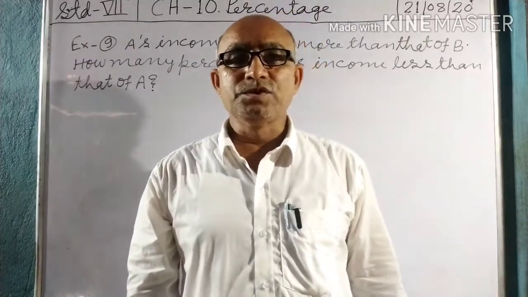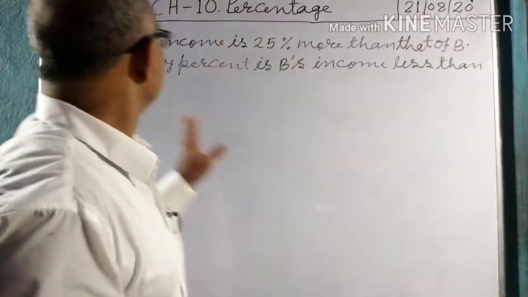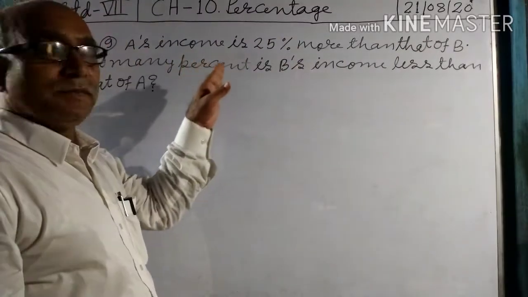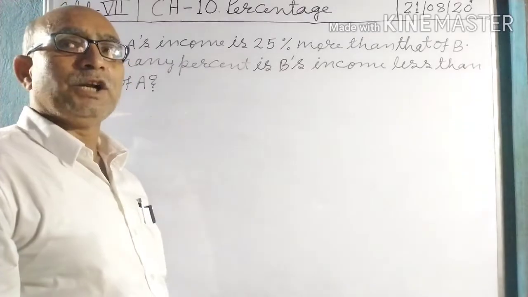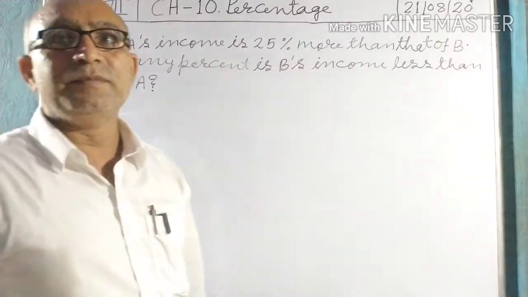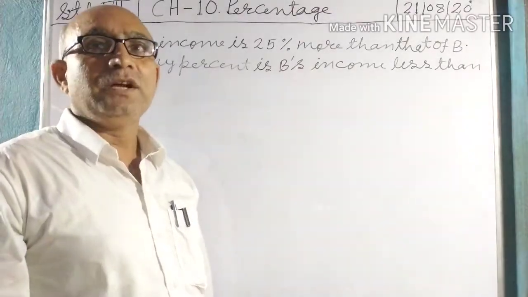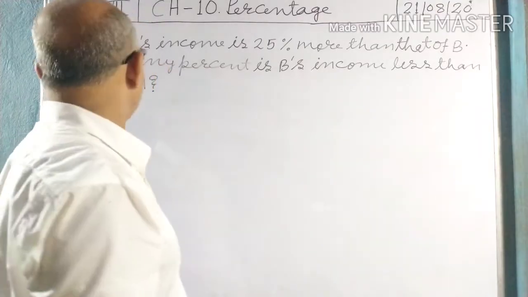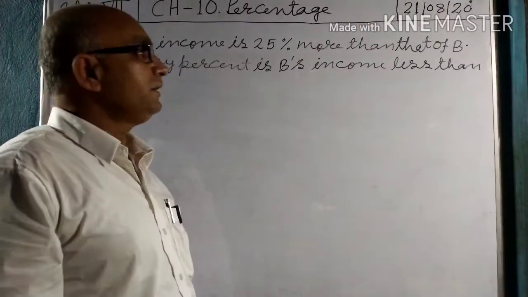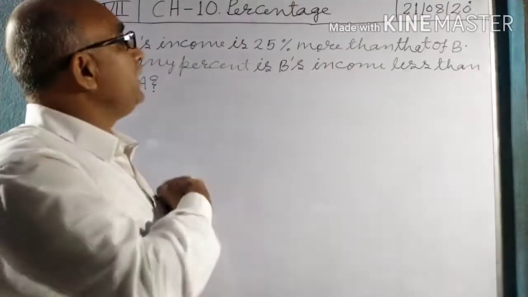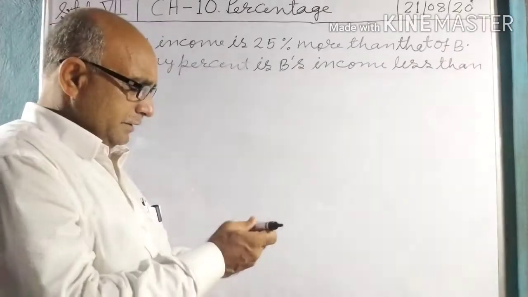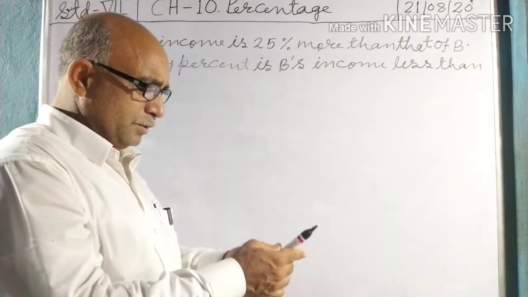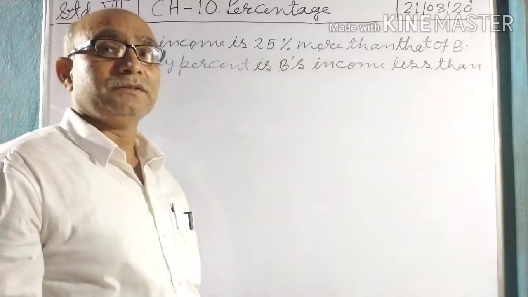Students, next question is example 9. A's income is 25% more than that of B. How many percent is B's income less than that of A? This question can also be solved by two methods.